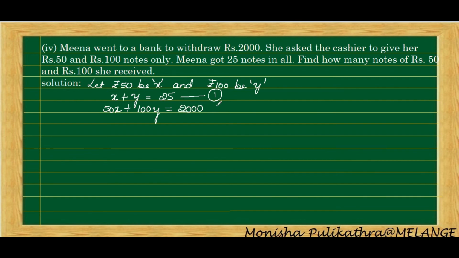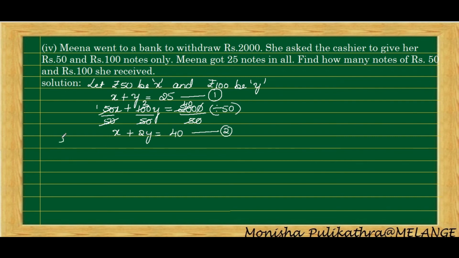Here, divide throughout by 50. So 50x divided by 50 is x, 100y divided by 50 is 2y, and 2000 divided by 50 is 40. So x plus 2y is equal to 40. This is equation 2.